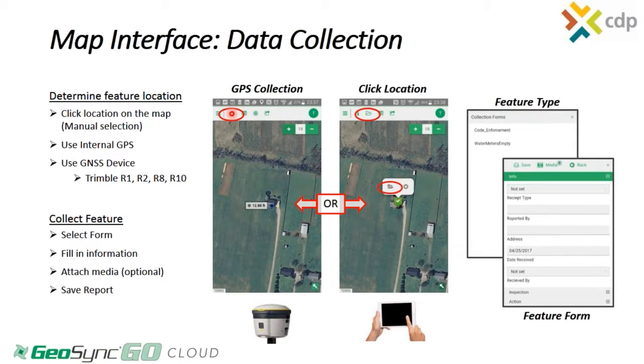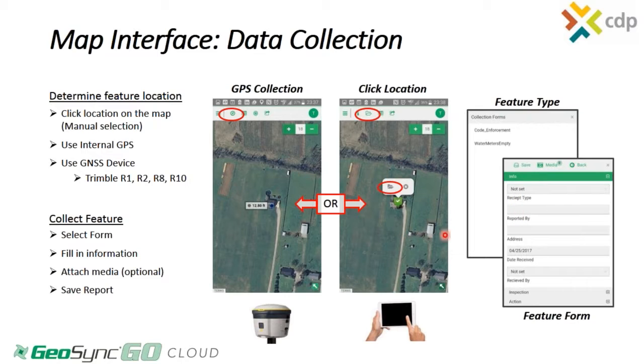That's your activation for your collection. You select that, and it uses that coordinate. Then it'll bring up your feature type list. You pick the type of feature, and then you have your form that you can fill out to create the new feature report.